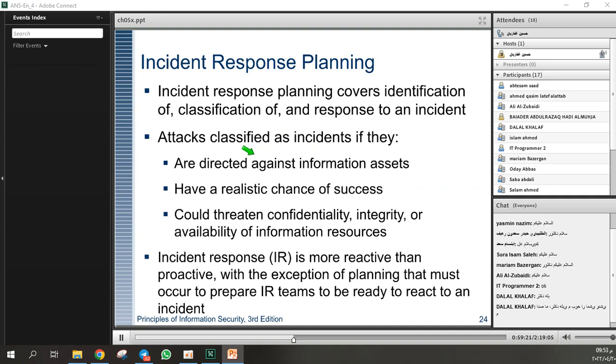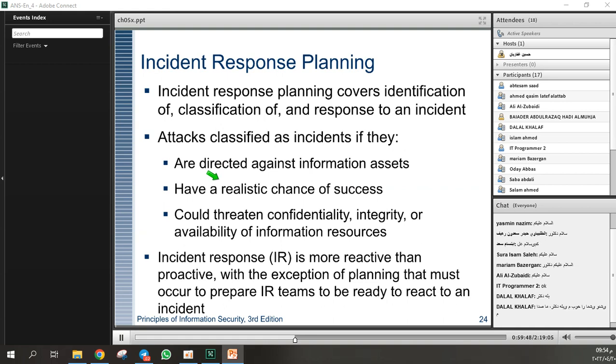How can I classify an incident? It depends. For example, maybe an incident has direct effects on my information assets, so I must classify it as a top rank incident.